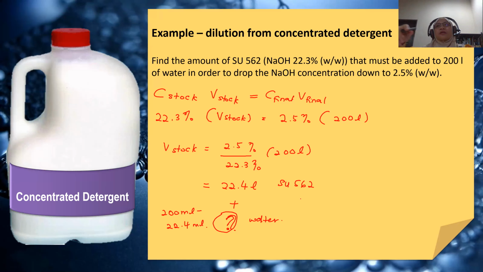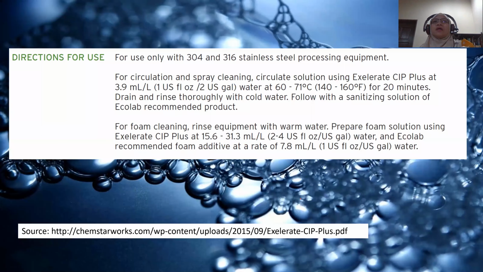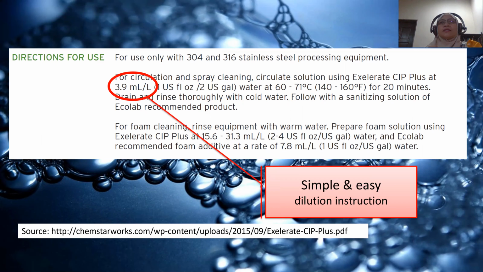In other products, cleaning chemical or sanitizing chemical, the direction for use indicates like this: 3.9 milliliter per liter. This is simple and easy for you to measure the dilution.